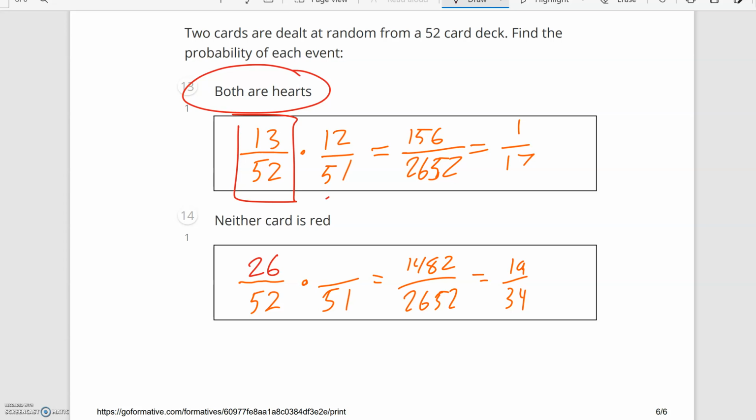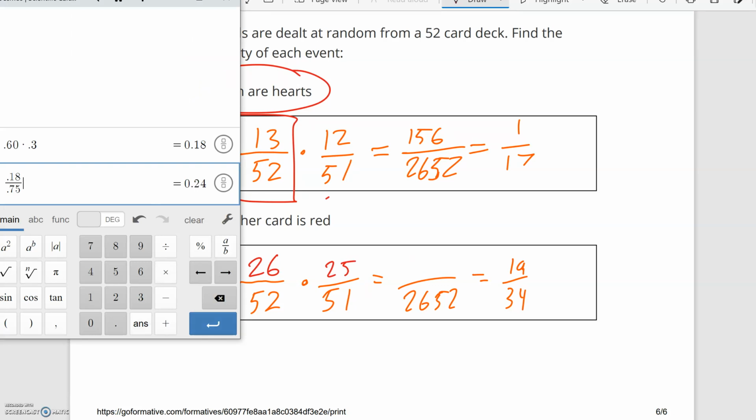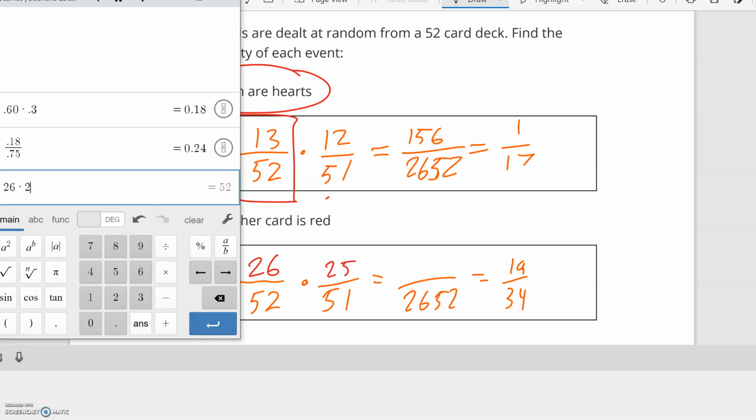So the first draw will be 26 out of 52, since we don't want red. Then the next one would be 25 out of 51, which we then have to multiply. So my earlier numbers were off by a little bit. Let me quickly figure out what those numbers should be.